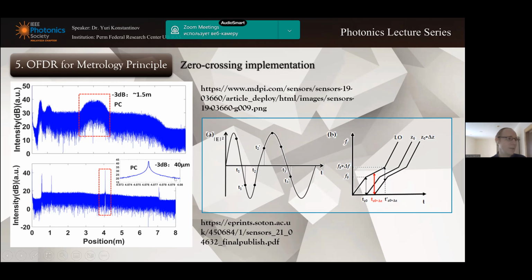But this method has some disadvantages, because we have a lot of points in the raw signal, and after that we take only these points, and the number of points will be less by 10 times or 5 times.